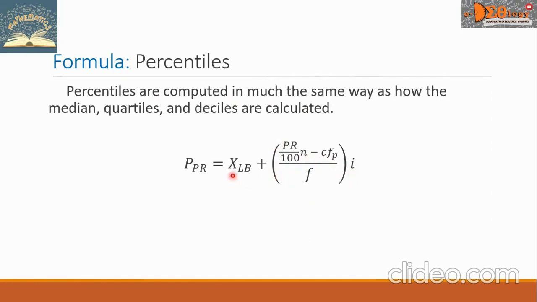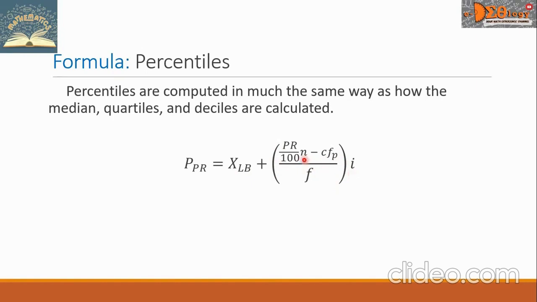Take note that this X sub LB is the lower boundary of the percentile class. The CF sub P is the cumulative frequency of the class preceding the percentile class. This F here is the frequency of the percentile class, and I is the class width.